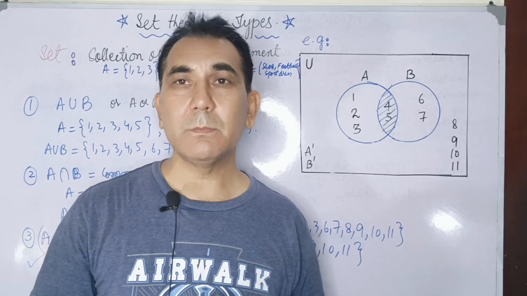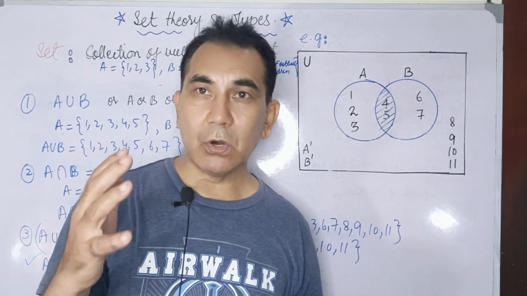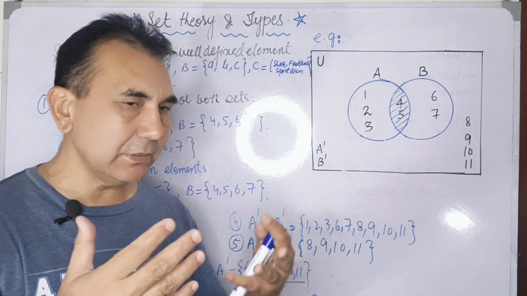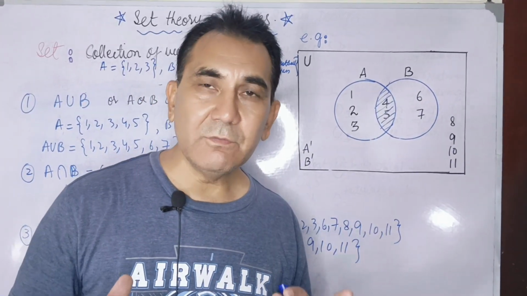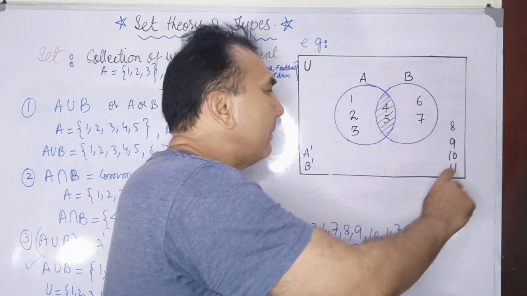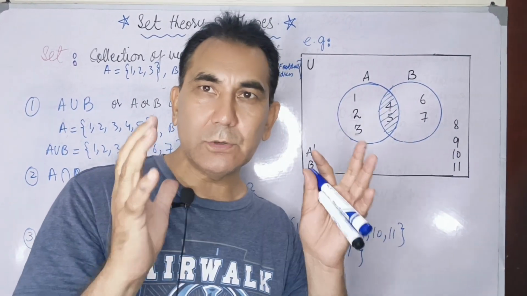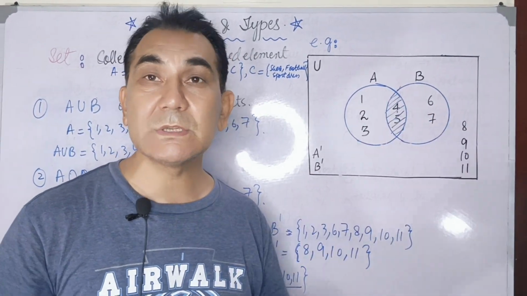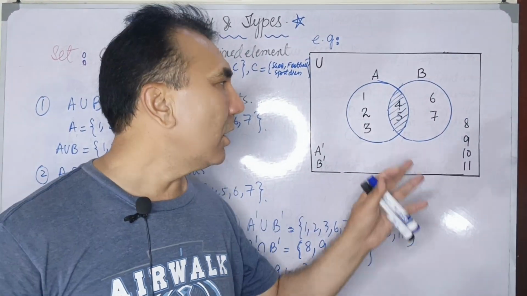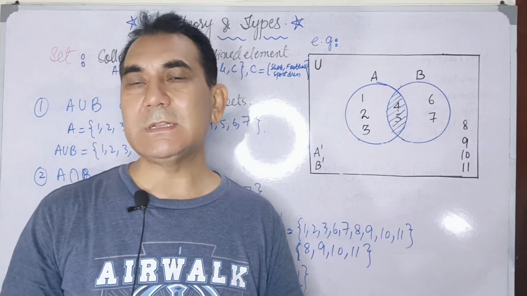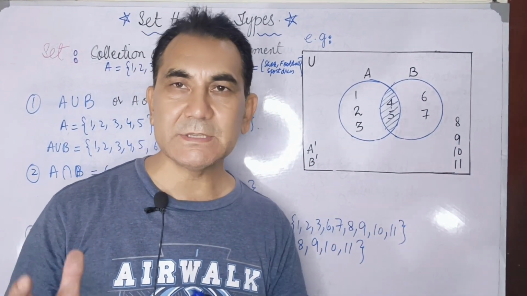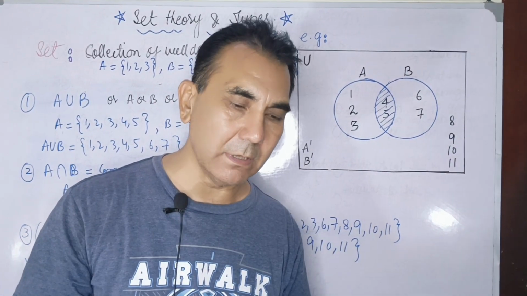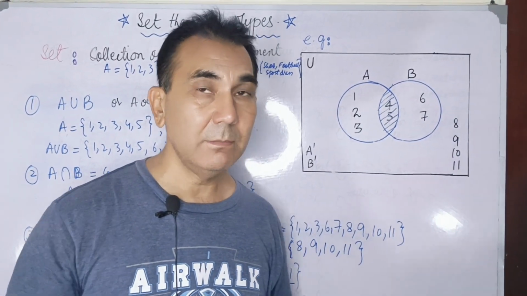It was discovered by John Venn in 1932 or 36. All the elements present inside the rectangular shape are called the universal set. The elements present inside A are called set A, and the elements present inside B are called set B.